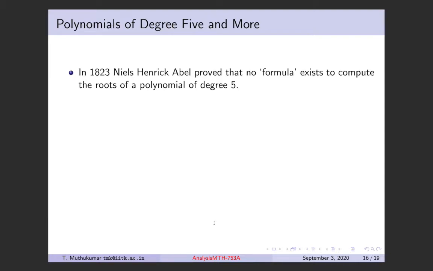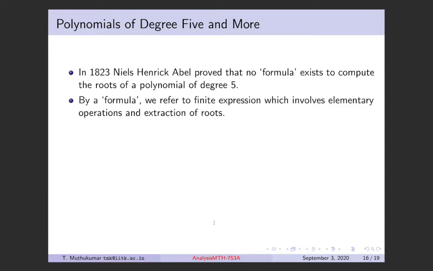When he says formula, what he means is that you cannot have an expression which involves only elementary operations and extraction of roots. That is what you have been seeing so far as formulas. Whether you look at the quadratic equation formula or the cubic equation formula, all that you did was addition, subtraction, multiplication, division, taking square root, cube root, and all that.